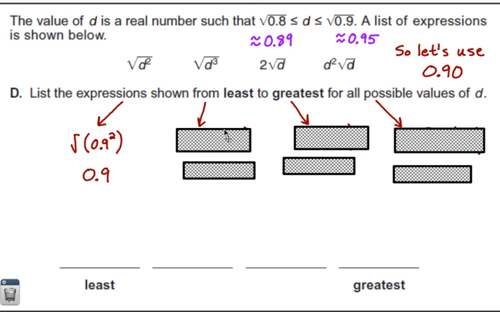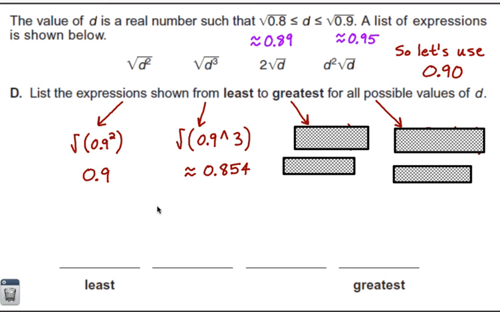That should make sense. Very similar here when you're plugging in 0.9 here, and that's the little power button or caret button in order to raise 0.9 to the 3. Notice where the parentheses are in order to do this correctly, and that your calculator is going to say that.